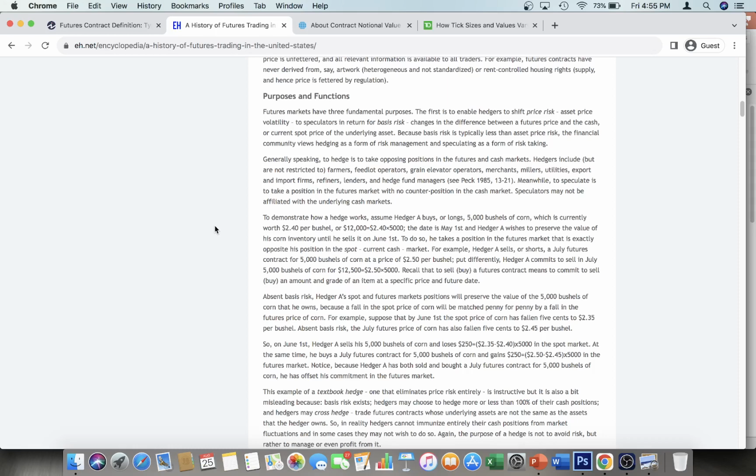And you basically want to manage your risk in case the price of corn goes up to $7, right? You just want to have consistency. So you would buy the contract because you're locking in that at some future date, I'm going to get corn for this price. So both sides benefit.